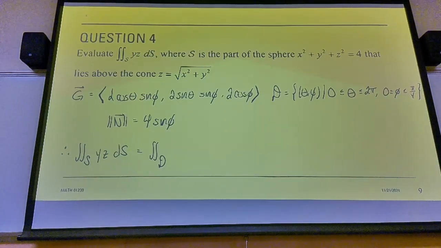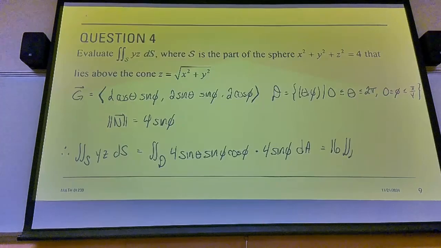Sine theta sine phi cosine phi, times 4 sine phi. Simplify. Sixteen times the double integral of sine theta sine squared phi cosine phi.